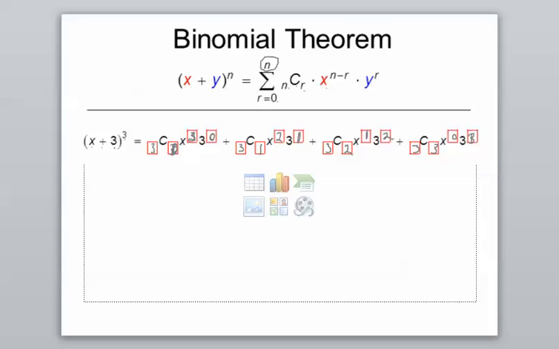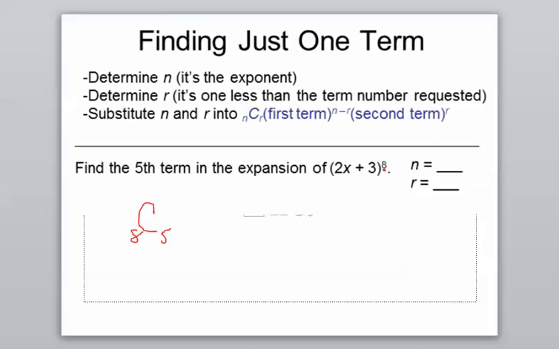Okay, and then we're going to take 2x, and we're going to raise that to the n minus 5, 8 minus 5, or third power, and we're going to take 3, and we're going to raise that to the 5th power. So in this situation, my n is 8, my r is 5.